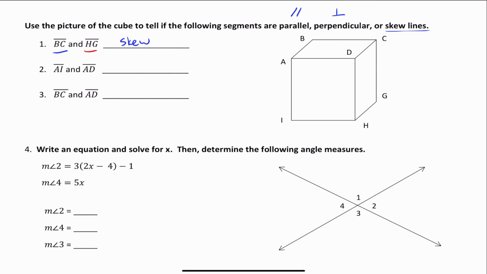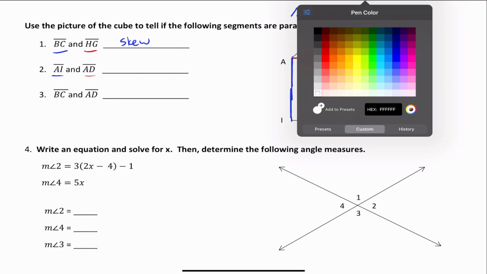Now let's take a look at segment AI. So here's AI, and then segment AD. So it's right here. And notice that with a square, the face of a cube is a square, and usually with squares all the angles are 90 degrees. So this segment is going to intersect that segment at a 90-degree angle.